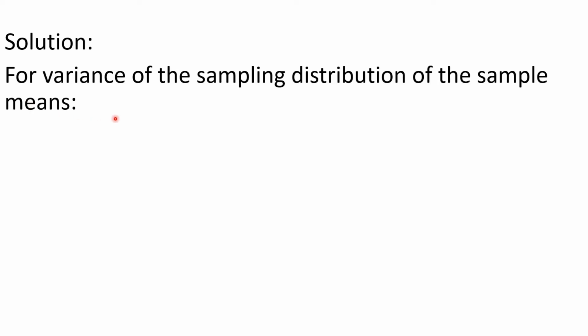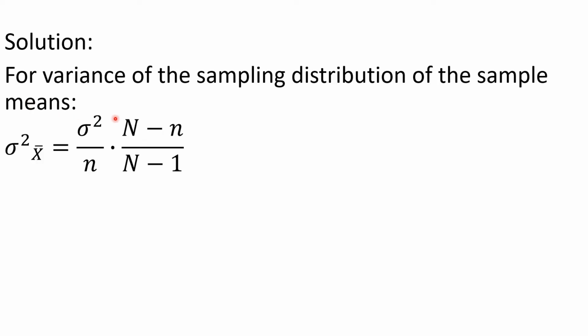Now, for the variance of the sampling distribution of the sample means, this is the formula to use. Sigma squared sub x bar is equal to sigma squared over n times capital N minus n over capital N minus 1. Sigma squared here means the variance of the population. Capital N still is the population. Small n refers to the sample size, and 1 is a constant.